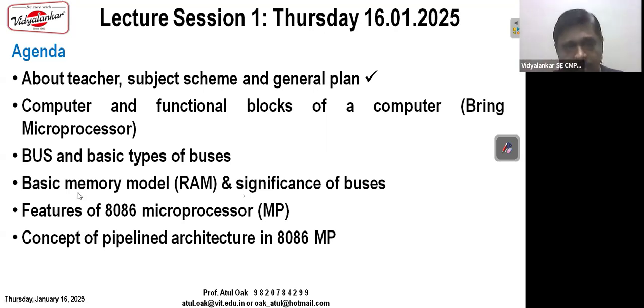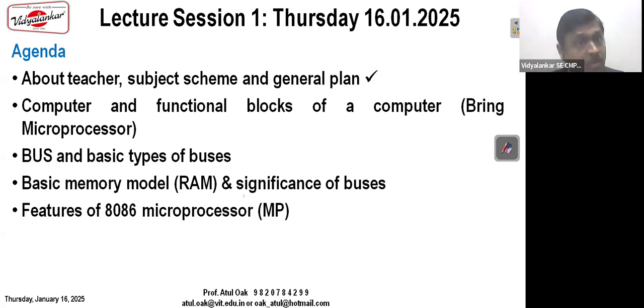We will map it with a memory called RAM. This also you have studied in COA, the memory organization. And we will try to enter the 8086 microprocessor with a concept of pipelined architecture. So that's the plan in session 1.